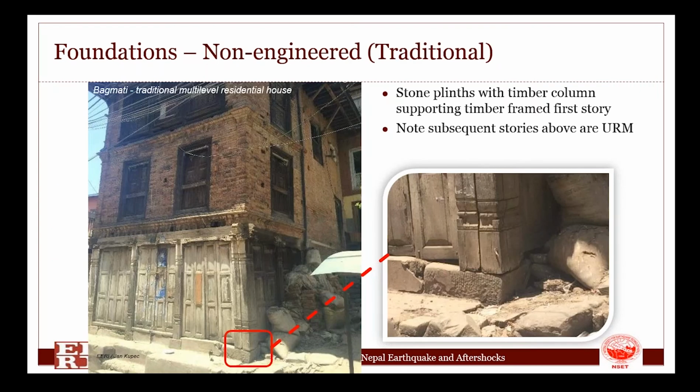Looking at foundations, especially the non-engineered traditional versions, the picture on the left-hand side shows a traditional Nepalese townhouse, where the lower structure comprises timber columns and beams with masonry, sometimes even mud stone masonry directly above it, with relatively sturdy frames. The cutout shows the stone plinth on which the column itself sits.